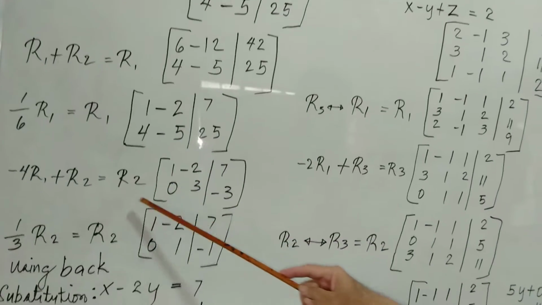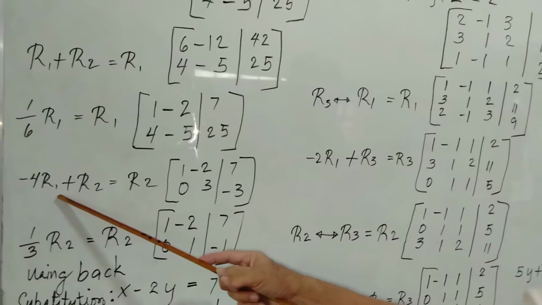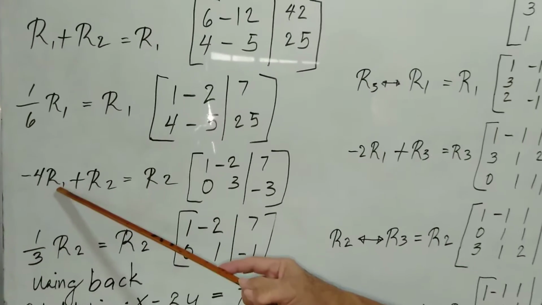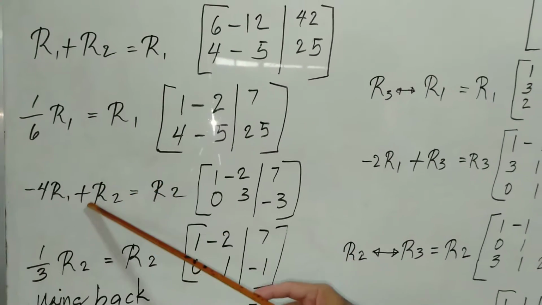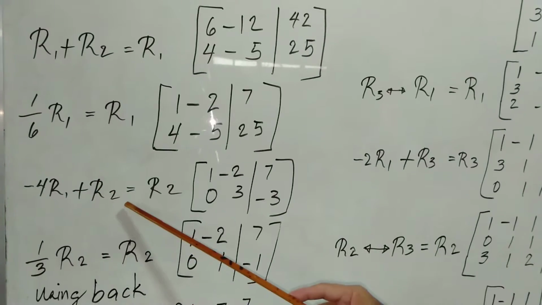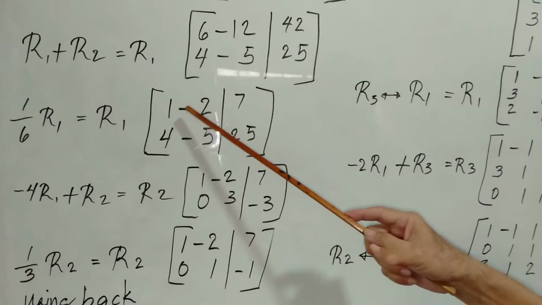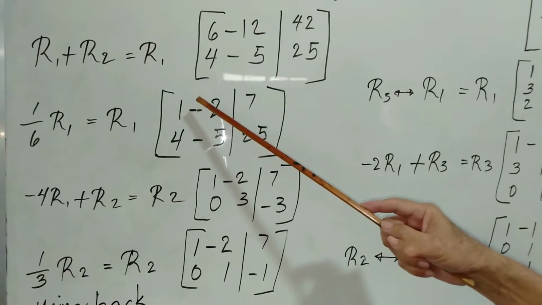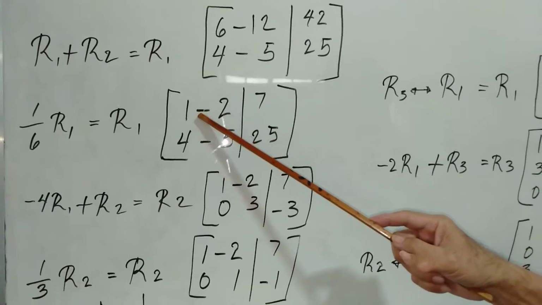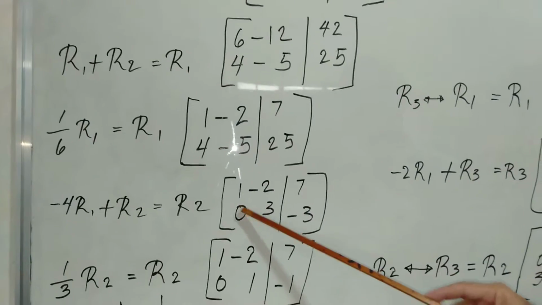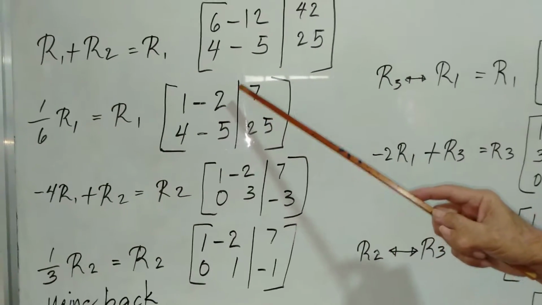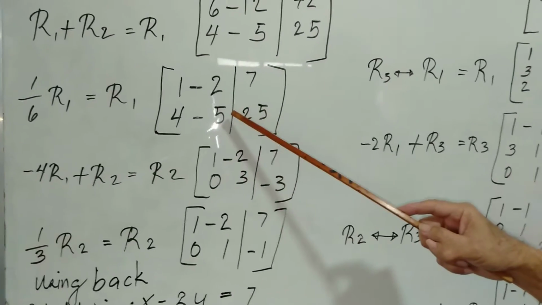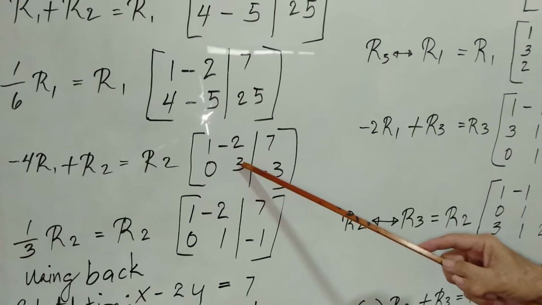On the next step, we multiply row 1 by negative 4 and add the product to row 2. So negative 4 times 1 is negative 4, plus 4 is 0. Negative 4 times negative 2 is positive 8, plus negative 5 is 3.